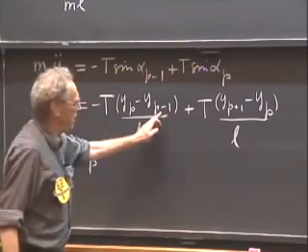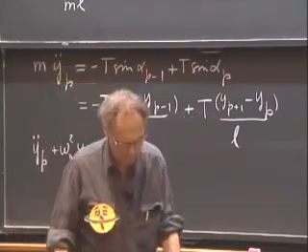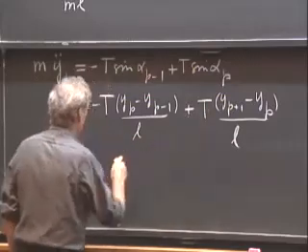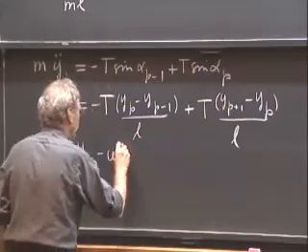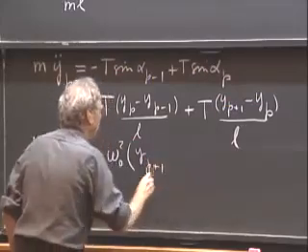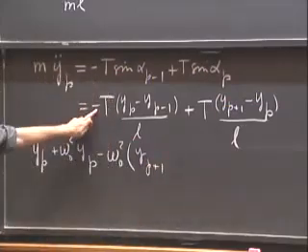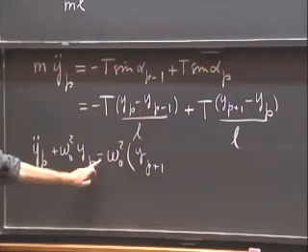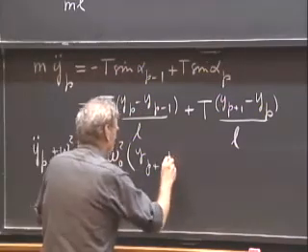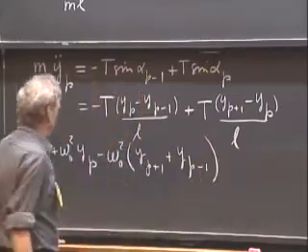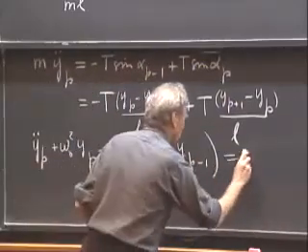And then I'm going to bring the p minus 1 in, and I'm going to bring the p plus 1 in. Notice I have a plus sign here. So I get minus omega 0 squared times y p plus 1. And here I have a plus, minus minus is a plus, so when I bring that back I get a minus, but I already have the minus, so I get y p minus 1. And that now equals 0.